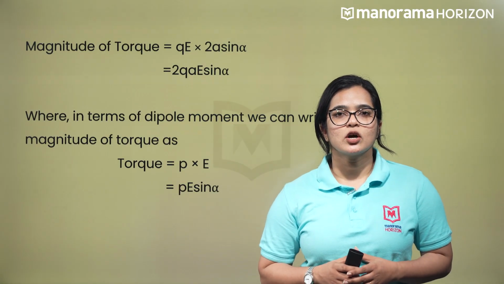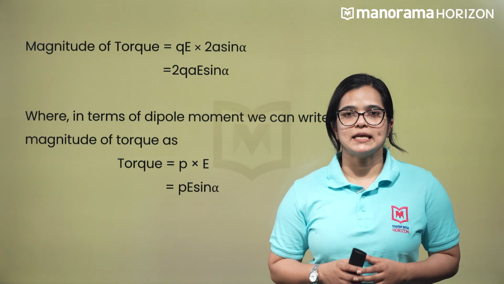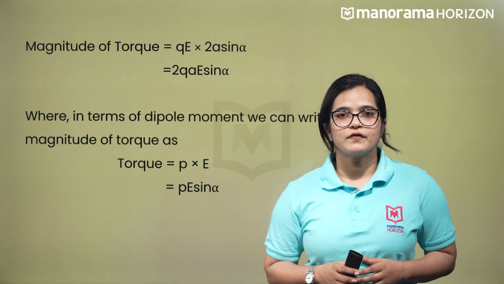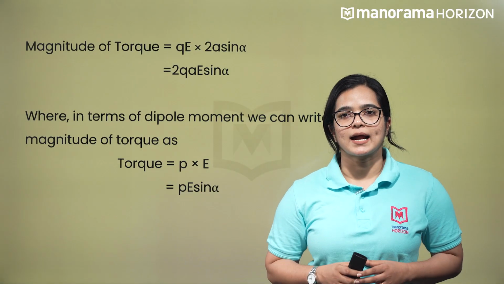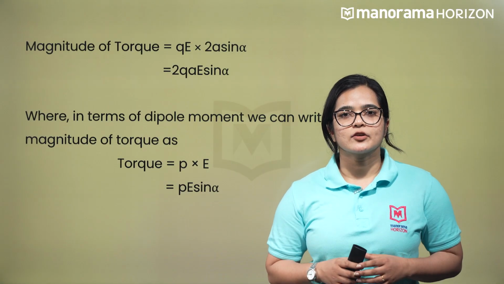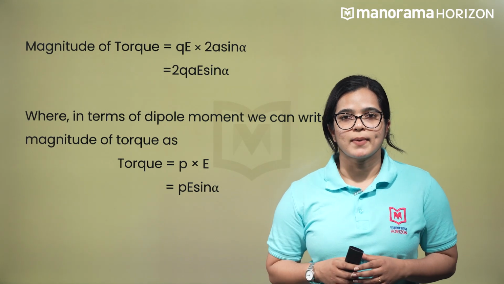This torque acting on the dipole will tend to align the dipole in the direction of the electric field. When the electric field and the dipole are parallel to each other, the torque acting will be zero, and when the electric dipole is perpendicular to the electric field, the torque will be maximum.